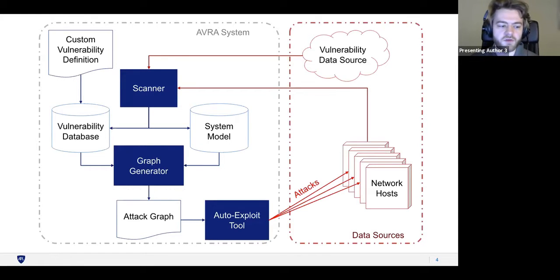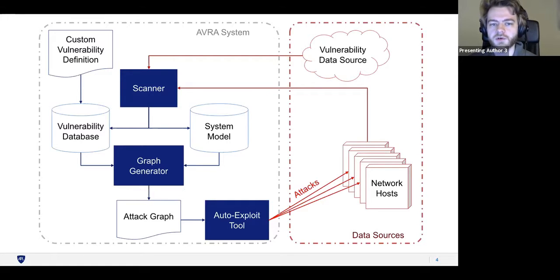So this is a high-level overview of everything I just said, kind of summarizing the things on the last slide. The only plug I'll make here is it demonstrates the pipeline really well, and you'll also notice that these components are all very separated. So we have our vulnerability database, we have a source of vulnerability data, we have this auto exploit tool.